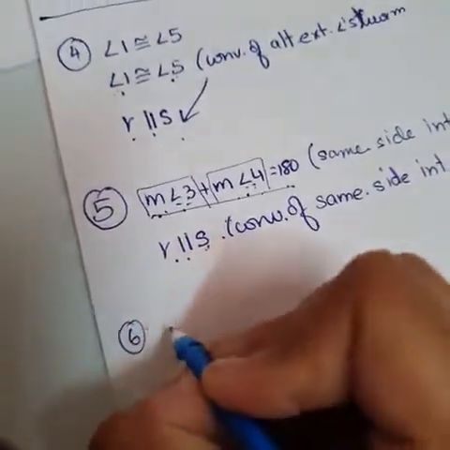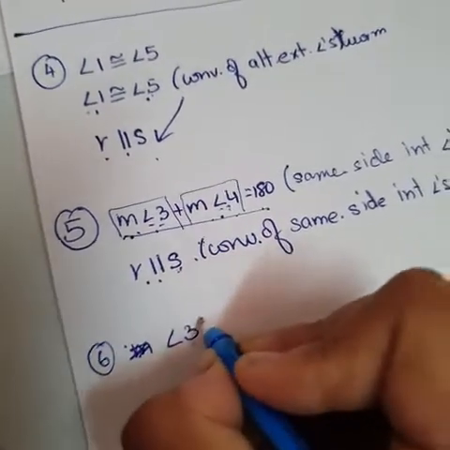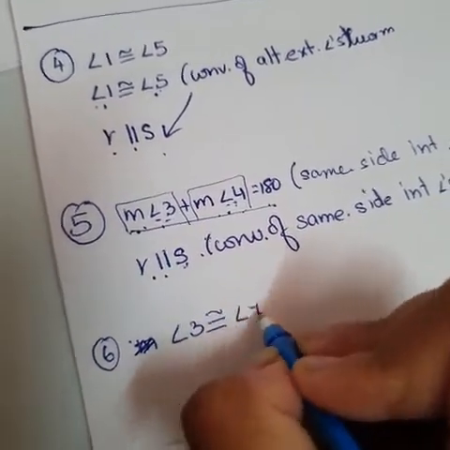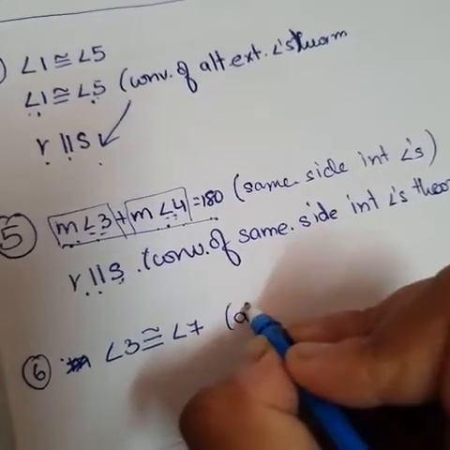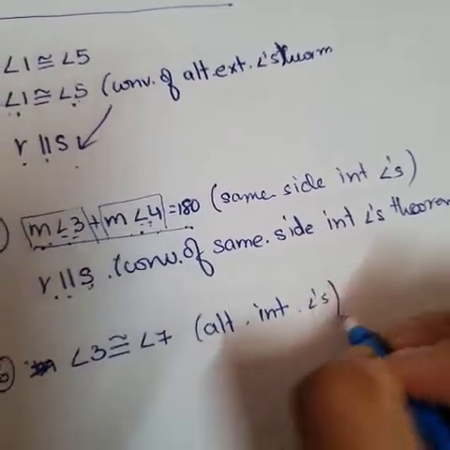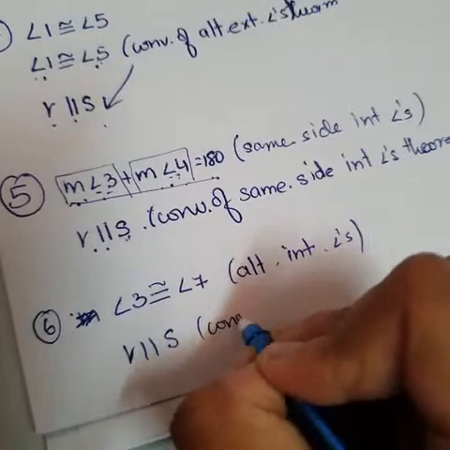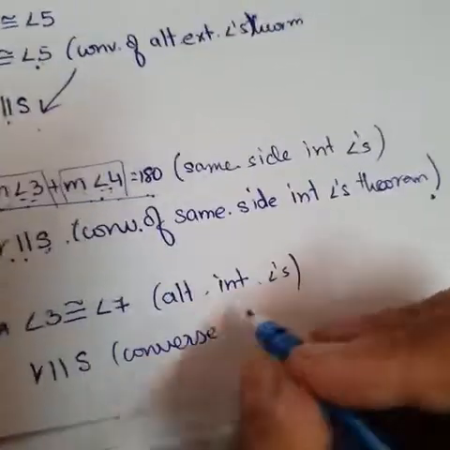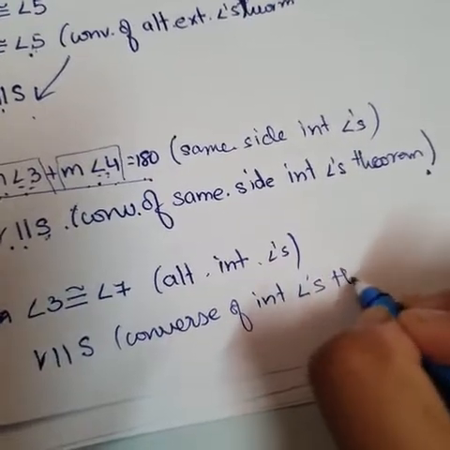So how are you going to prove it? Nothing, you just write angle 3 is congruent to angle 7. Why? Because they are alternate interior angles, right? And so R is parallel to S because of the converse of alternate interior angles theorem.